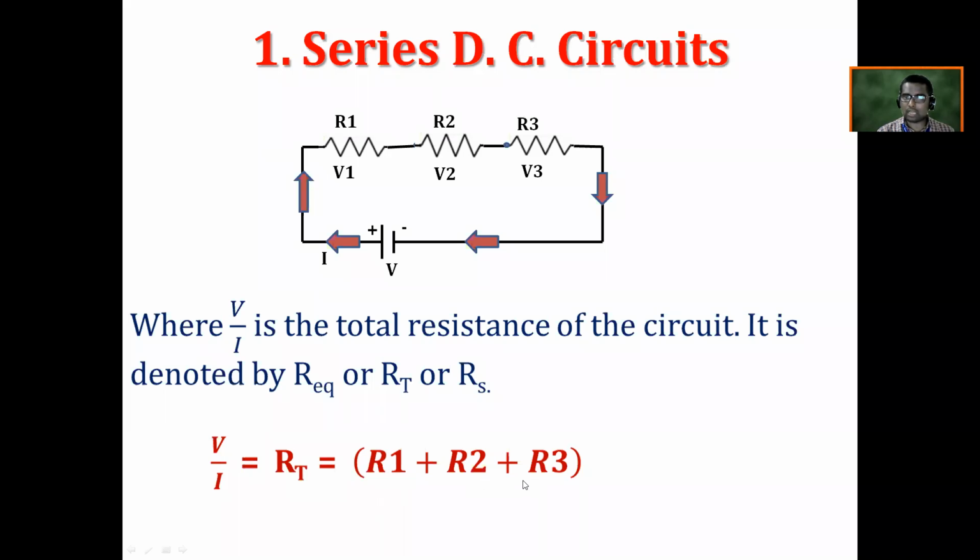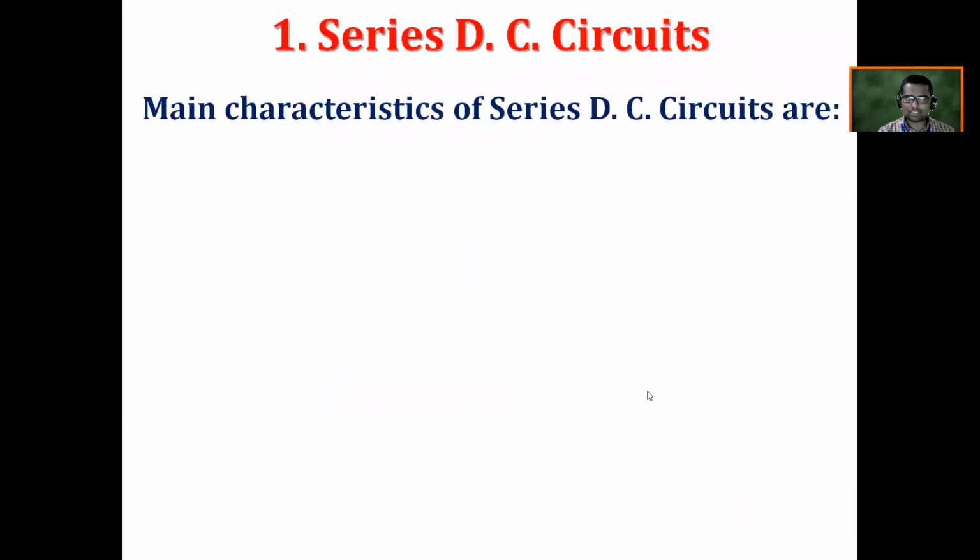This is another main characteristic of a series circuit. So what is the characteristic? The total resistance of a series circuit is the sum of individual resistances in that circuit. Are you clear my point? Now, if you see the characteristics of the series circuit, then definitely you will get it.